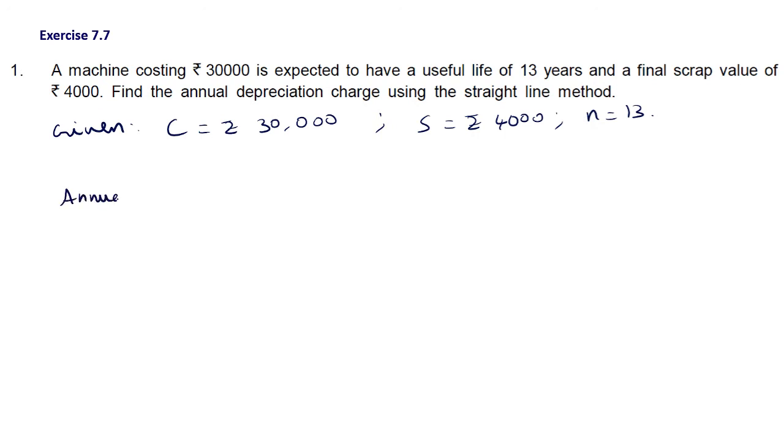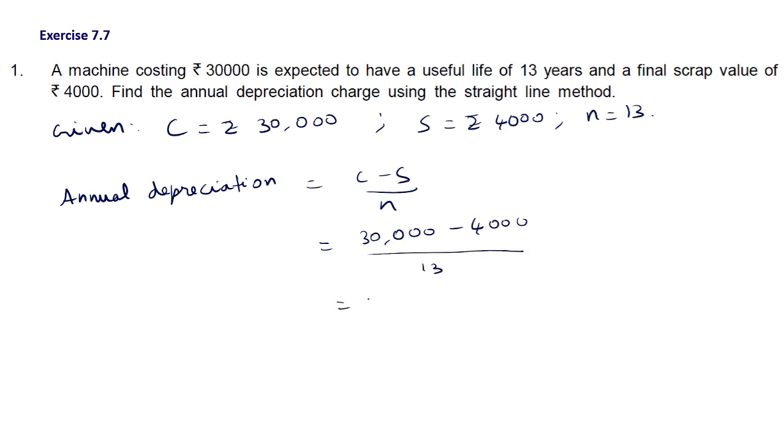The annual depreciation is given by (C - S) / N, so it is (30,000 - 4,000) / 13. This is 26,000 / 13, which is 2,000. Therefore, the annual depreciation D is rupees 2,000.